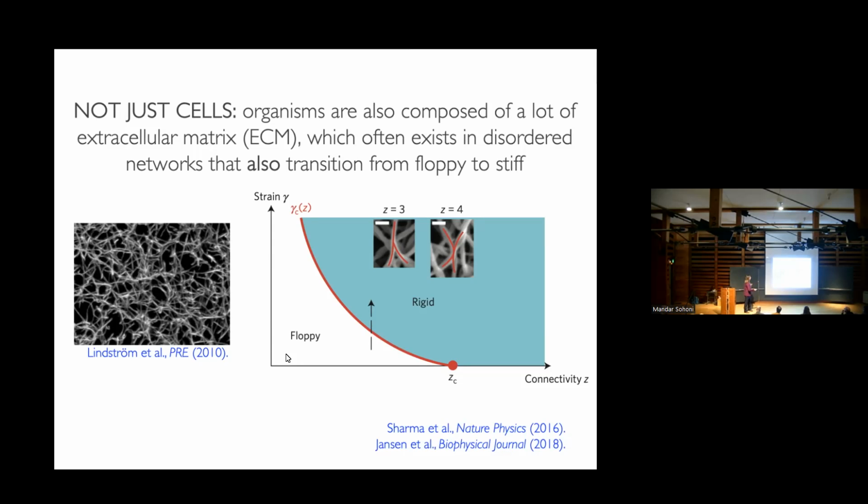But if I start out with not too many crosslinks, so the connectivity is low, then that network is actually very floppy until I strain it a critical amount, and there's a critical strain at which it becomes rigid. So there's a floppy to rigid transition in extracellular matrices, and there's also a floppy to rigid transition in cellularized tissues. And I'm interested in those processes in general in my research group.